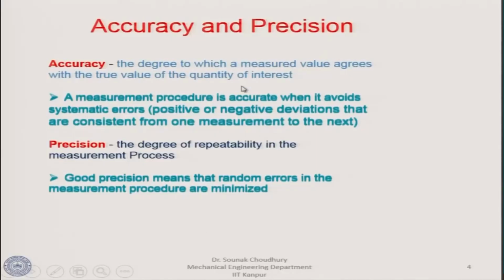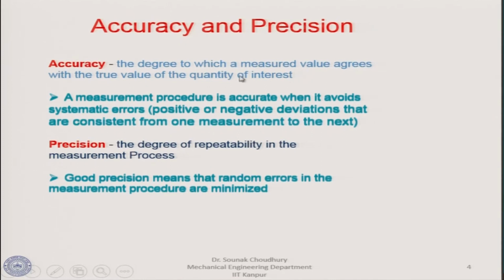Before we go into those details, let us talk about the accuracy of measurement. We keep talking about precision, and very often we confuse the concept of accuracy and precision, isn't it? Now, accuracy is the degree to which a measured value agrees with the true value of the quantity of interest.